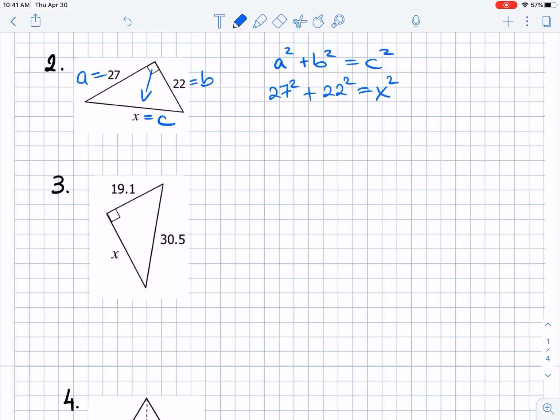So 27 squared is 729, plus 22 squared, 484, which equals x squared. Combine them by adding, so that's 1213 equals x squared. And then again, we take the square root of that, and x is approximately 34.8.